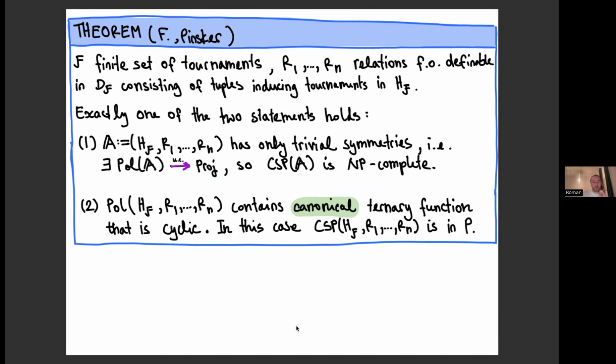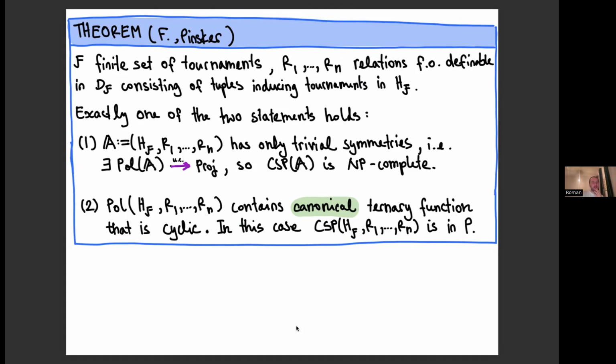And then exactly one of the two statements holds. On the one hand, A, so HF together with those relations, has only trivial symmetries. So there's this uniformly continuous minion homomorphism into the projections. And in this case, CSP of A is NP complete.